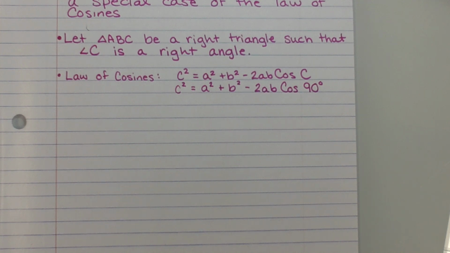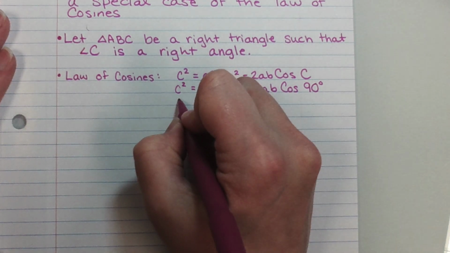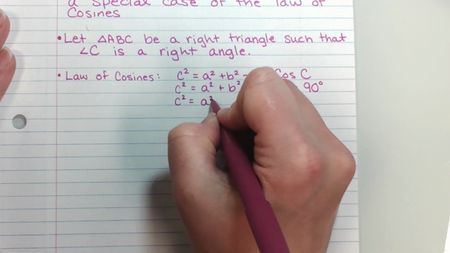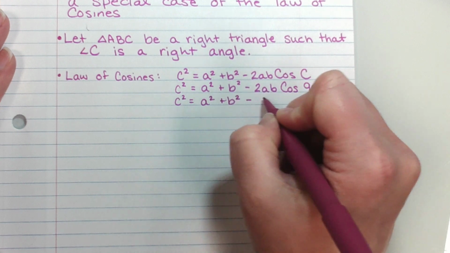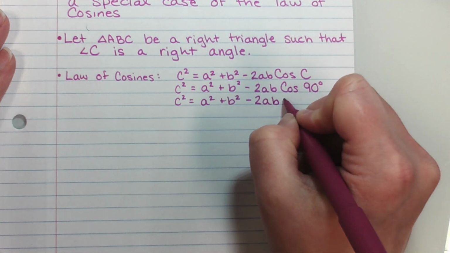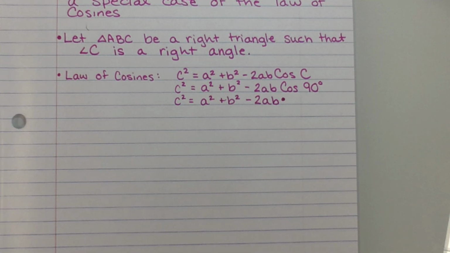Cosine of 90 degrees is a number. What number? Cosine of 90 degrees is 0. You can use your unit circle, you can use your calculator. Either way, you're getting 0.